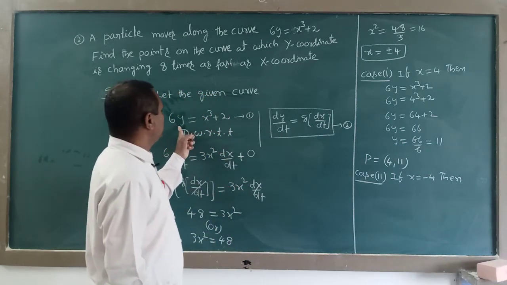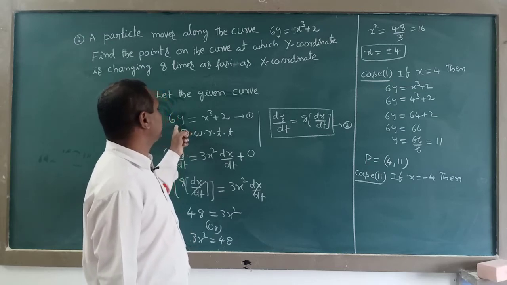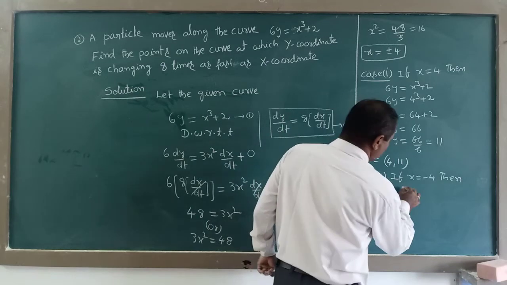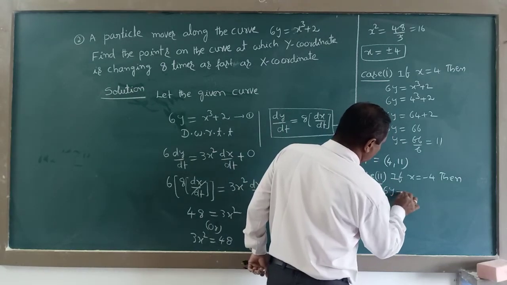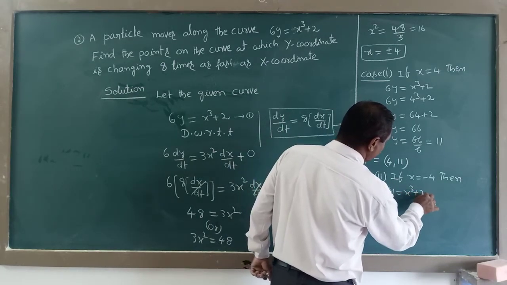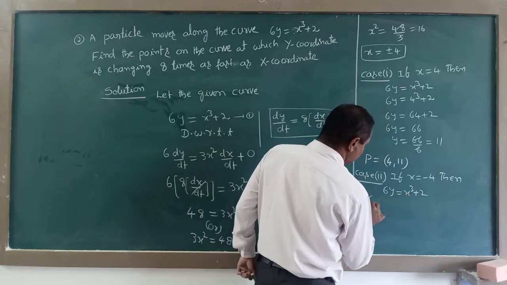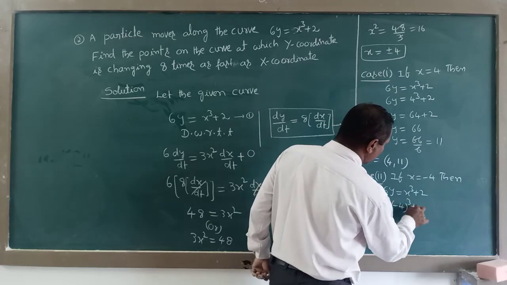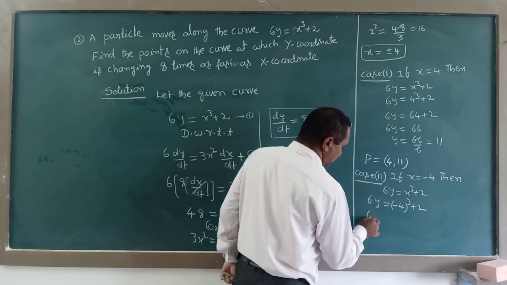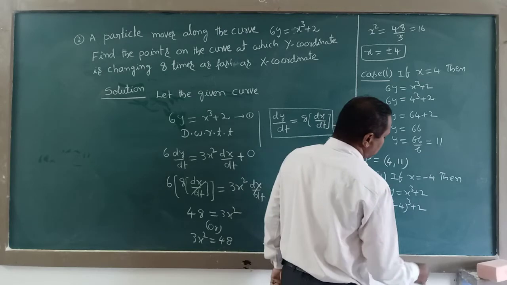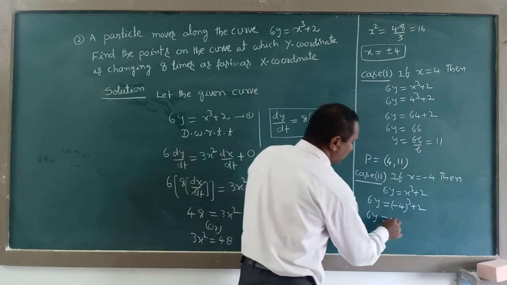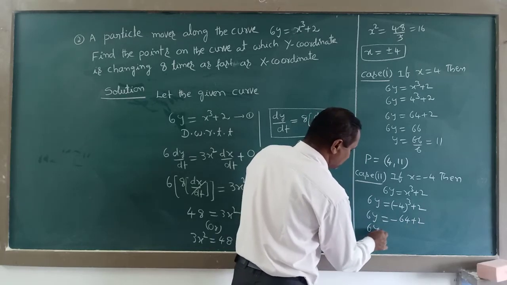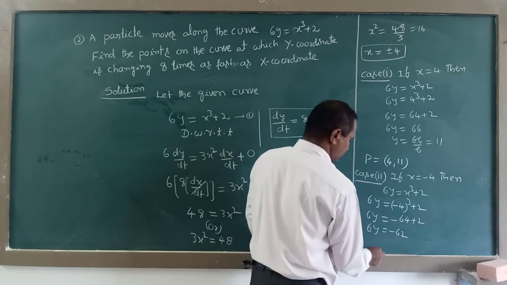In equation number 1, we have the curve equation, that is the curve expression 6y is equal to x cube plus 2. 6y is equal to minus 4 whole cube plus 2. 6y is equal to minus 4 whole cube, meaning minus 64 plus 2. 6y is equal to minus 62.